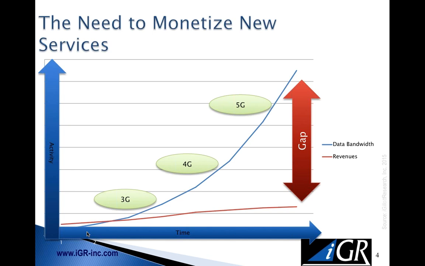The challenge for the operator here is, how do I close that gap? How do I minimize that gap? Or if I can't get my revenues up, then how do I make sure that my costs stay more in line with the revenue that I do have? And obviously we need to reduce the cost of operations here. So that's the main challenge.